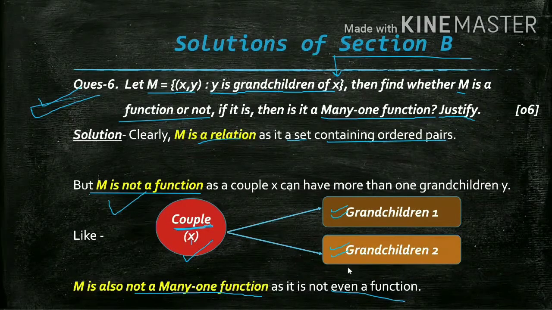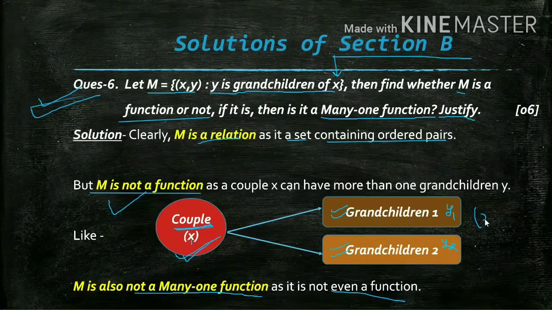And I have drawn this diagram. You can even draw this diagram and explain your thinking that a couple can have a grandchild 1 and also can have grandchild 2. So that means we have two different ordered pairs, couple comma grandchild 1 and couple comma grandchild 2, which have the same first component, same couple x. You can also take grandchild 1 as y1 and grandchild 2 as y2 in order to denote it in pairs.